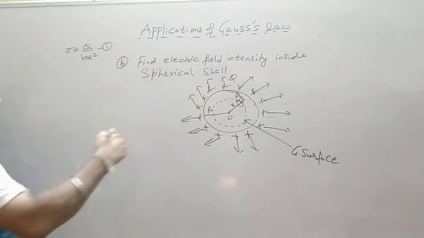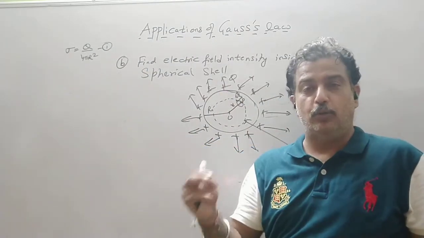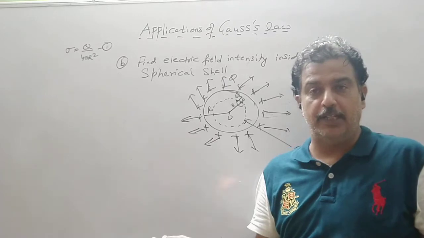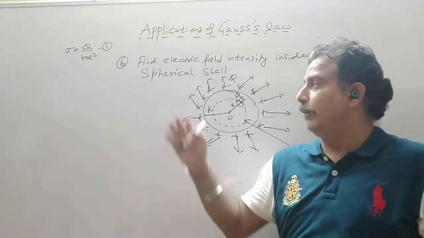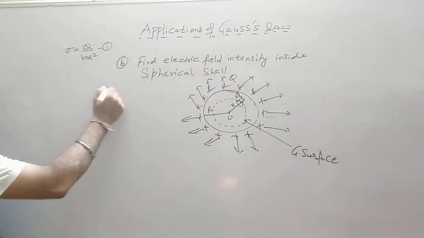So again we use the definition of flux. You see this method: first you apply the definition of the flux, second you apply the Gauss law, and then you compare the equations.